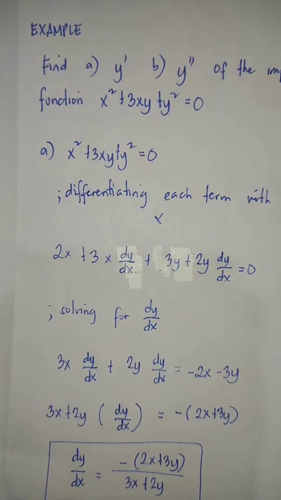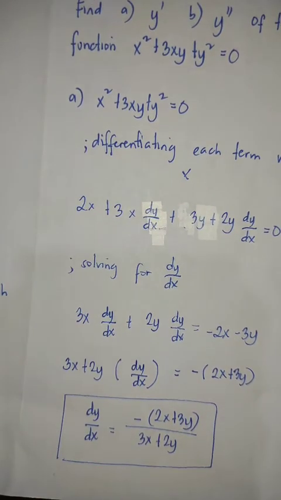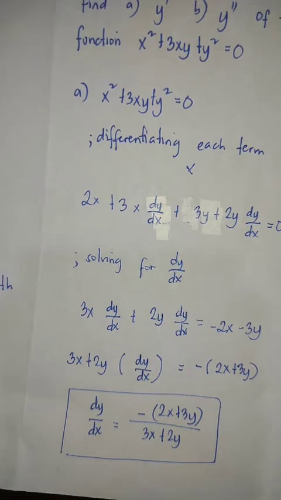Pinagsama niya yung same terms, and then yung walang dy over dx is nilagay niya sa right side of the equation. And then, to get the dy over dx, kunin mo yung coefficient nun, and then i-divide mo sa buong equation. Kaya nakuha ang dy over dx is negative 2x plus 3y over 3x plus 2y.